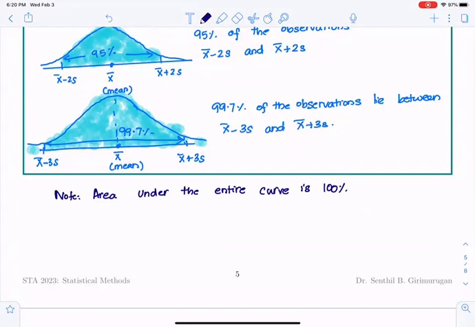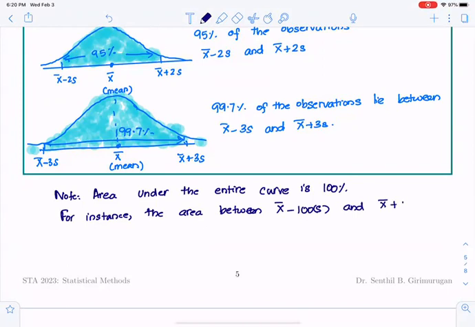So for instance, they don't even have to be 100.